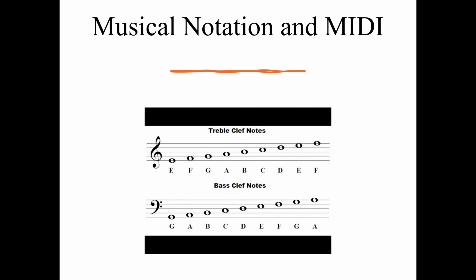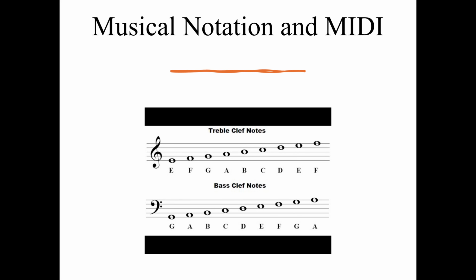And that octave is a 1-to-2 frequency ratio. In other words, an octave up, if you're thinking about frequency, the number of wiggles in the air per second, is exactly twice. That's why we call octaves the same pitch, because they're so closely related mathematically.